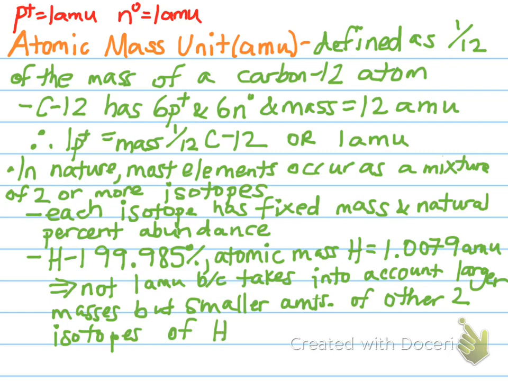And that's why all of those elements on the periodic table have big, long decimal numbers for their atomic weight or their atomic mass. Because all of those masses are taking into consideration all of the different naturally occurring isotopes.